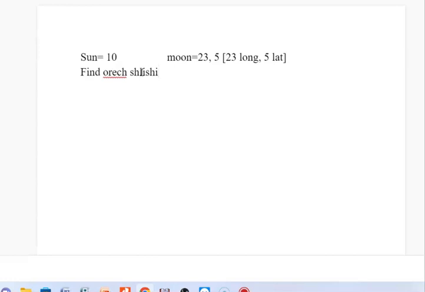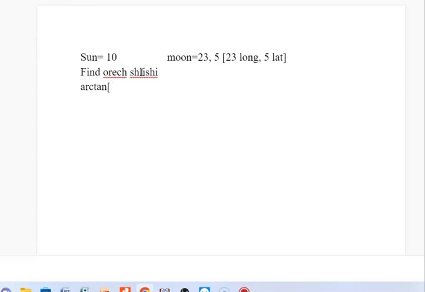So we're going to use the formula. I'm writing the formula here. It's the inverse tangent, called arctangent, in mathematical language.